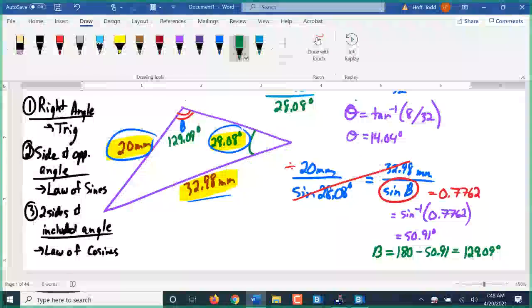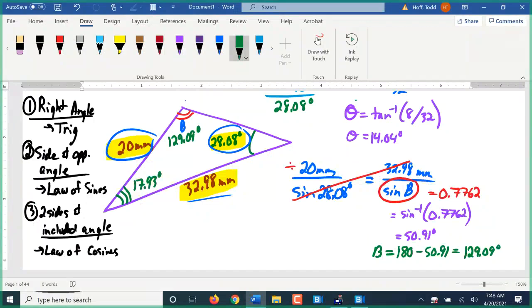While we're at it, we just as well find our third angle down here by subtracting. It's 17.93 degrees, I believe. Nine three or is it 8.3? Must be 8.3.